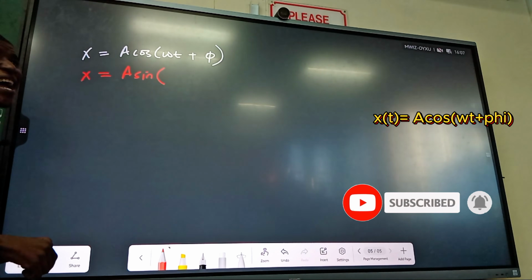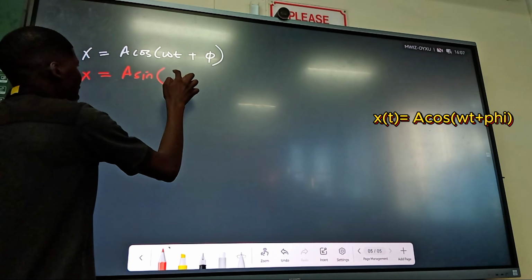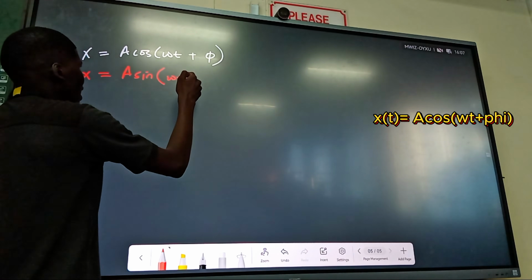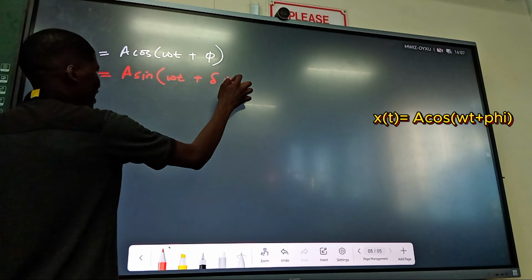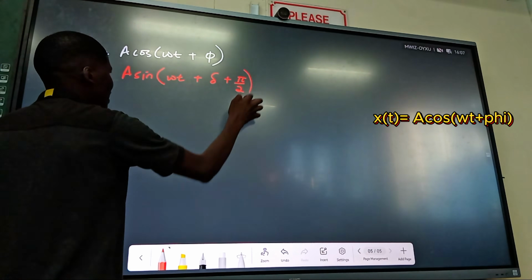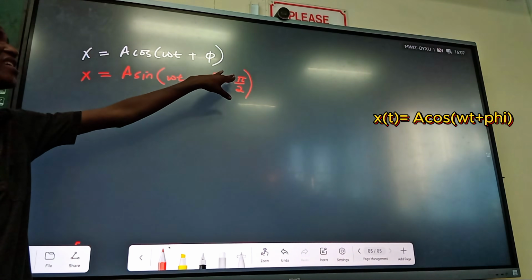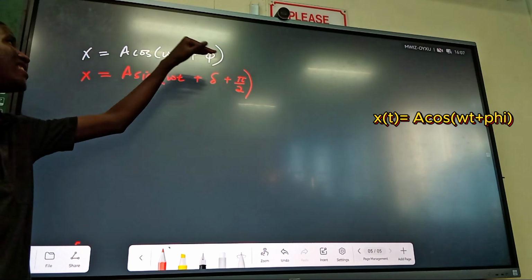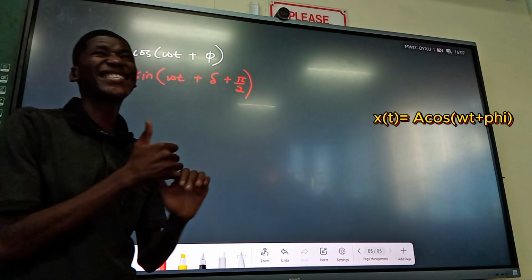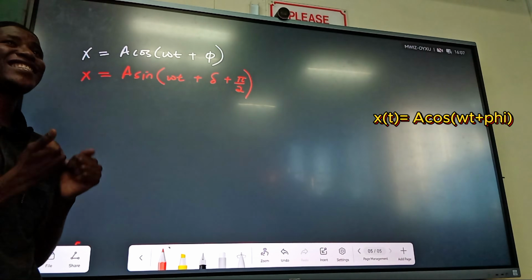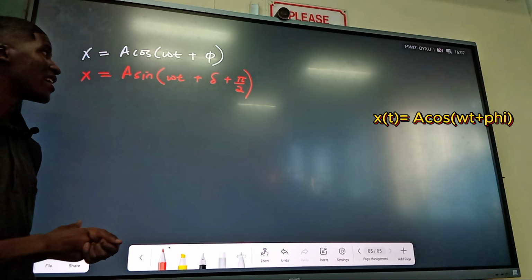You're going to add 90. Hey, you have to add 90 there. So this is omega t plus, now we want to use delta, when we add 90. So the pi over 2 basically is telling you that you have actually changed this. You have made cos into sine. But both these equations describe the position. It depends on the information given, but it describes the same thing.